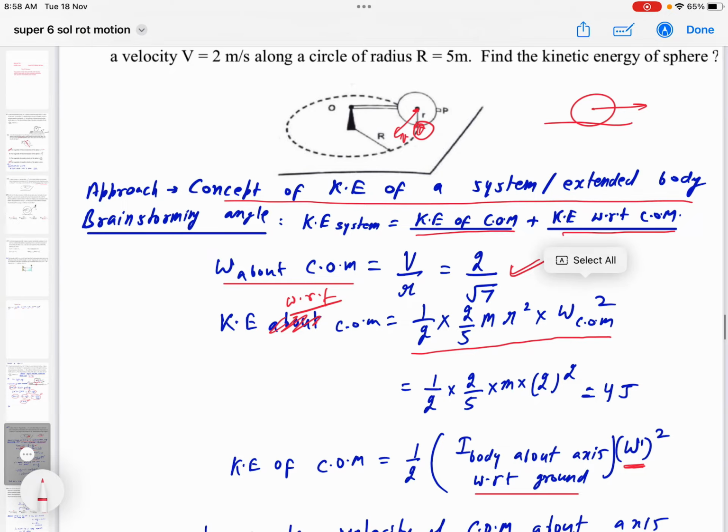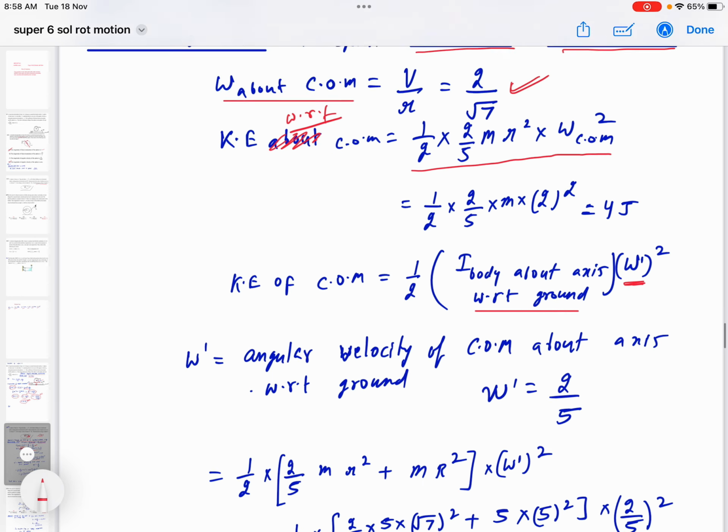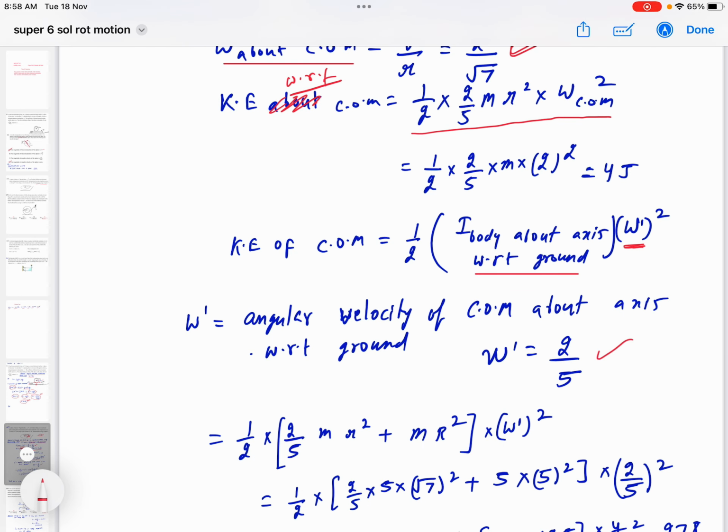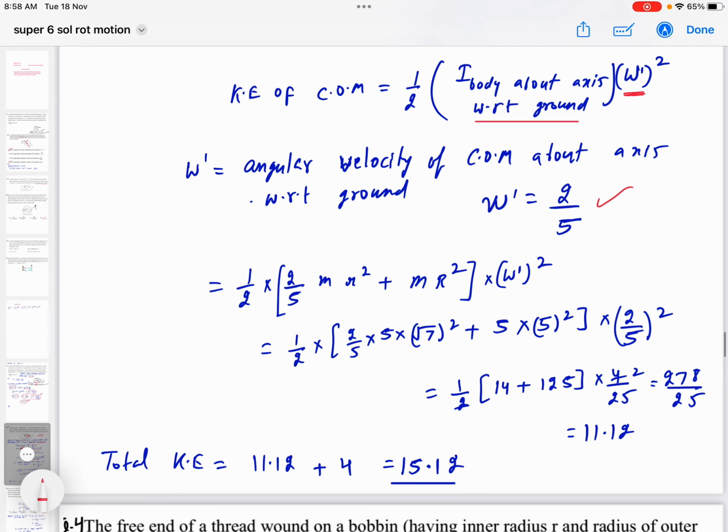So omega dash means the center of mass is having velocity v, this radius is r, so omega dash I can write v by r, right? Okay, so this 2 by 5. So what I am getting, that is the kinetic energy of center of mass, right? So now by solving, I'm getting 11.12, so total kinetic energy is 15.12.